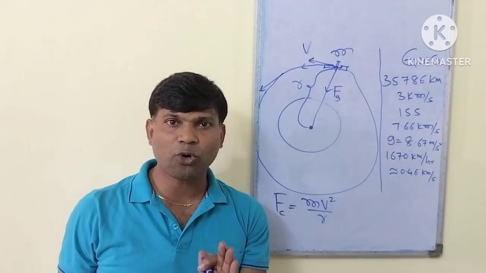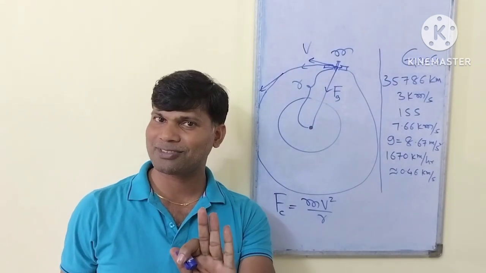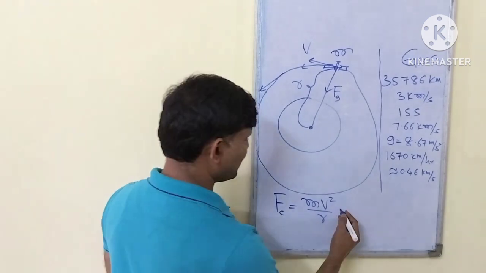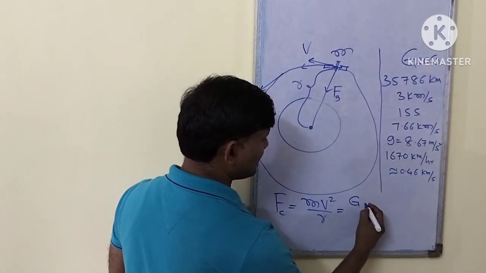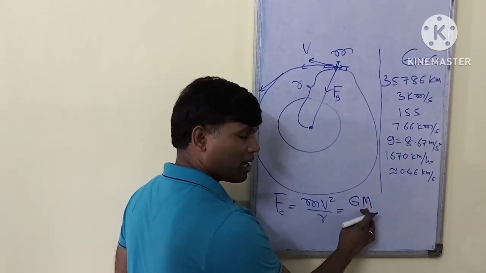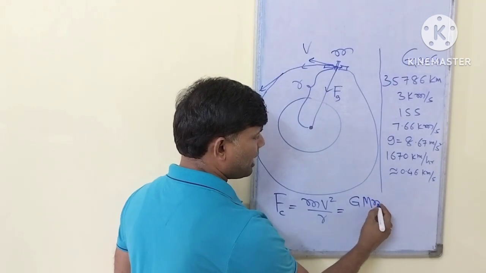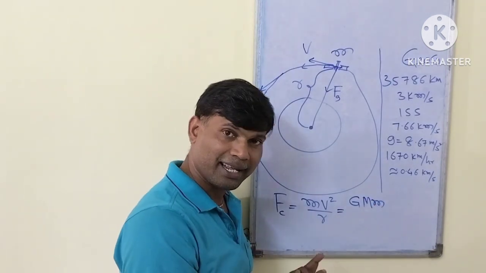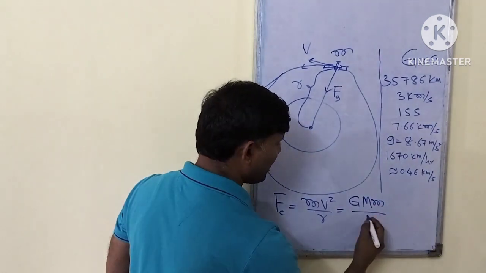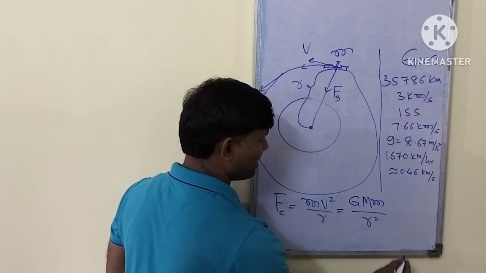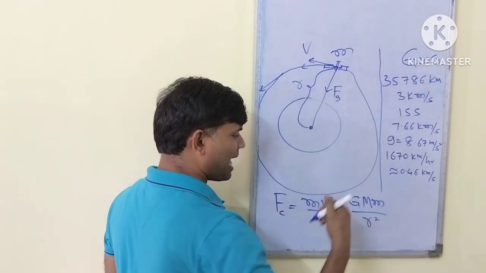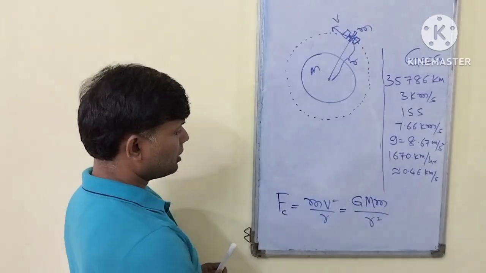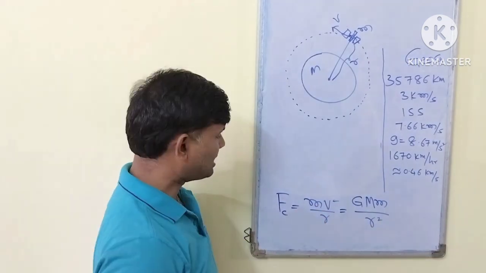So what is the gravitational force? Capital G, capital M, that is the mass of the Earth, and small m, mass of the International Space Station, divided by r square. So this m you can cancel.